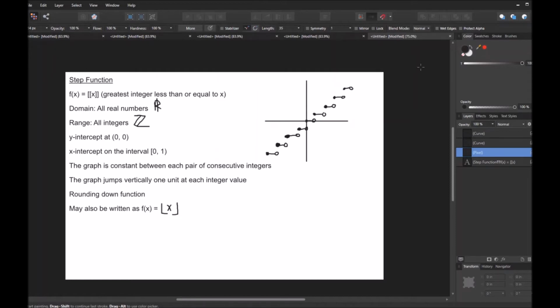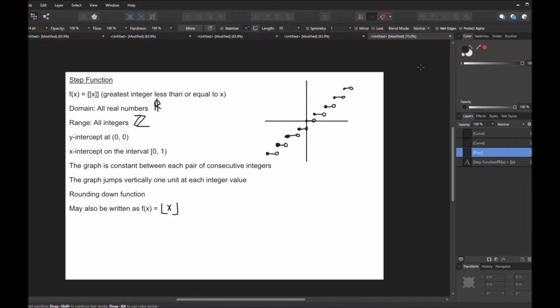A decimal number or a fraction that is not a whole number can't be an integer. So 13 over 8 is not an integer. 5.48567 is not an integer either. So that's what we mean when we talk about greatest integer less than or equal to x.